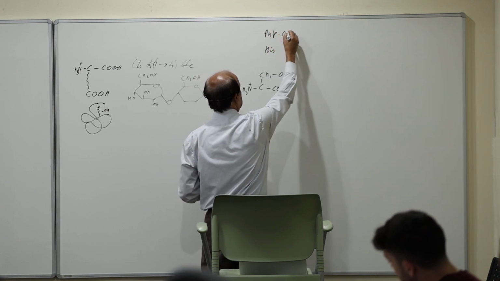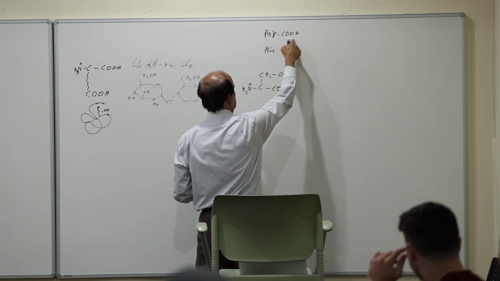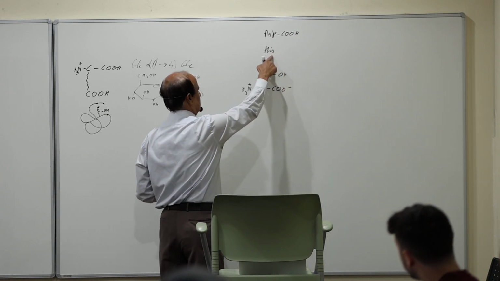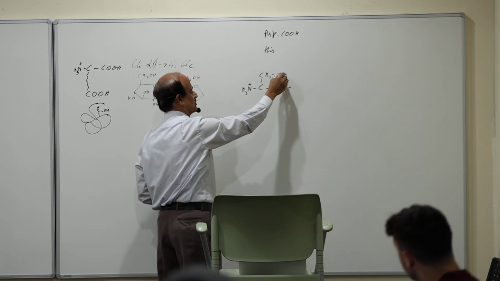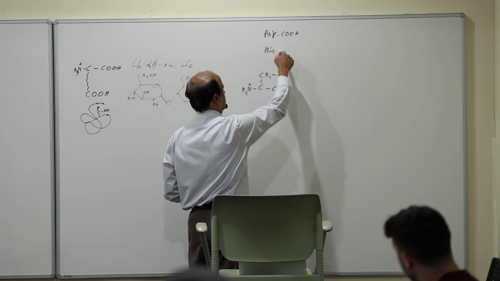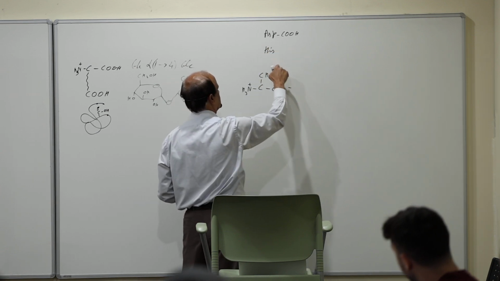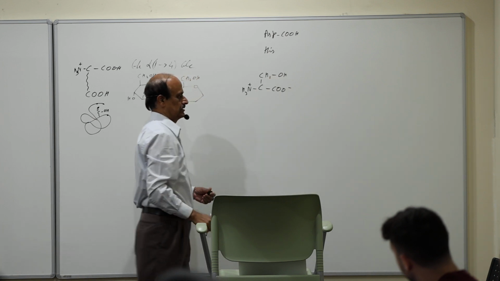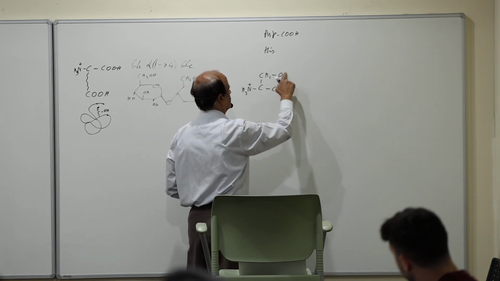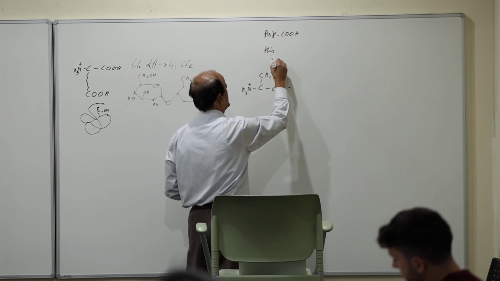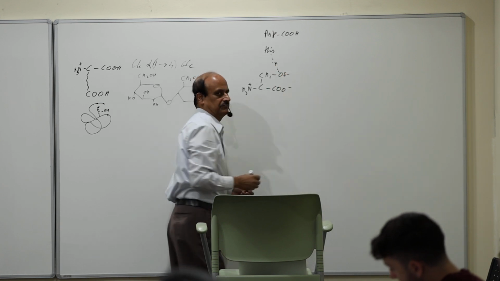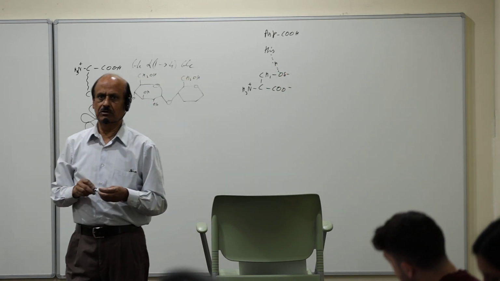The aspartate hydrogen bonds with the histidine, and the histidine hydrogen bonds with the serine, so this hydrogen is eventually transferred between the histidine and serine. So there is a partial negative charge on this oxygen.